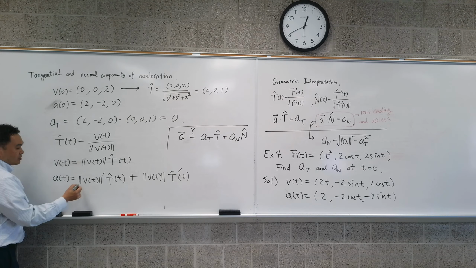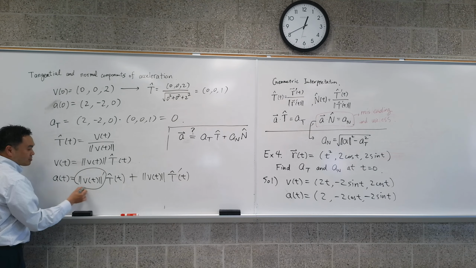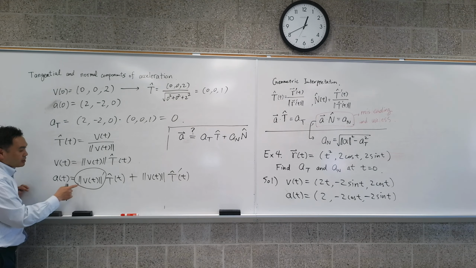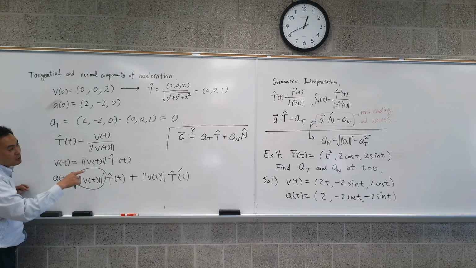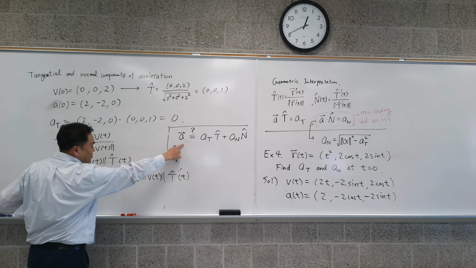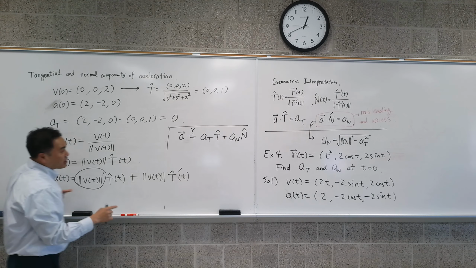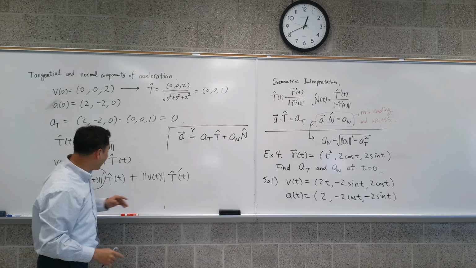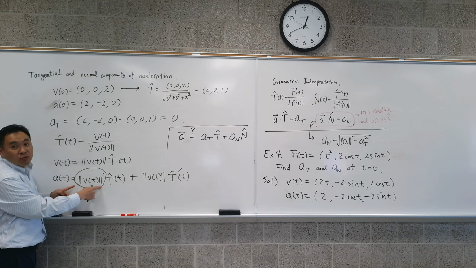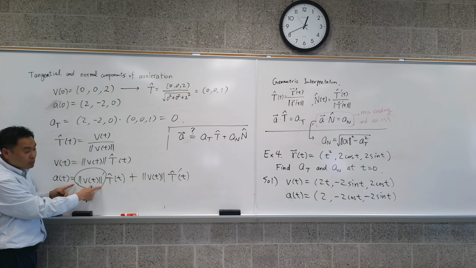This is a scalar quantity, and it tells you the rate of change of the speed. So this proof not only shows that this is true, it also explains what AT is. AT is the rate of change of the speed.